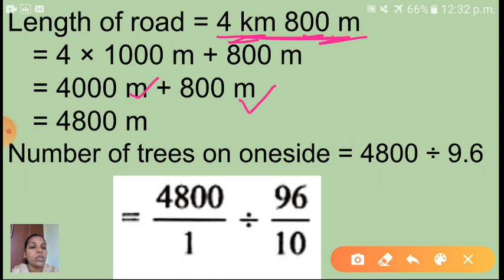Next statement is number of trees on one side. Number of trees on one side we have to find first. So see here that every 9.6 meter distance the trees are planted. So 4800 is divided by 9.6. Okay children, I hope you understood this one. Next one we have to divide.